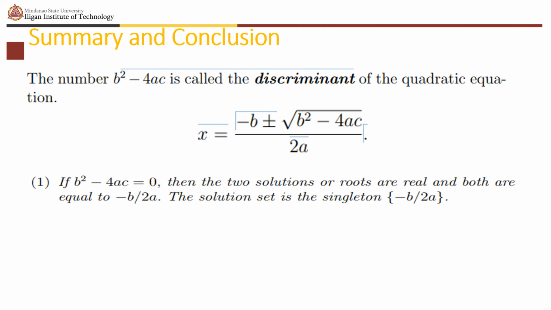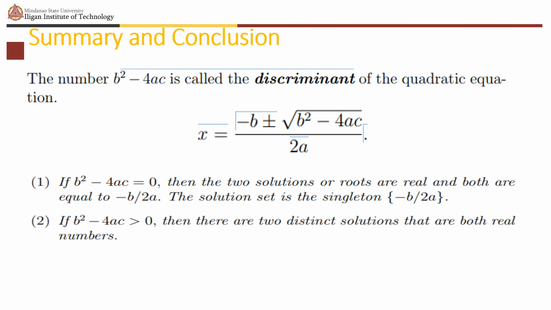If b squared minus 4ac is equal to 0, then the two solutions or roots are real, and both are equal to negative b over 2a. And the solution set is negative b over 2a. Now, if this one is greater than 0, then there are two distinct solutions.